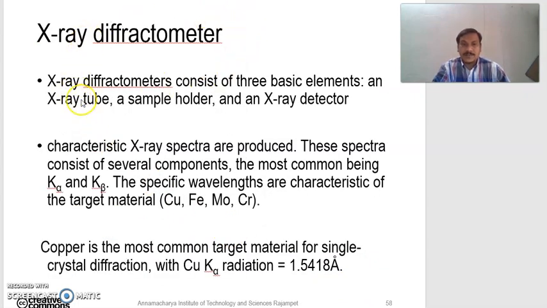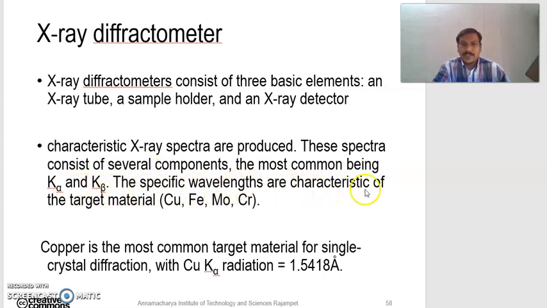X-ray diffractometer. X-ray diffractometers consist of three basic elements: an X-ray tube, a sample holder, and an X-ray detector. Characteristic X-ray spectra are produced. These X-ray spectra consist of several components, the most common being K alpha and K beta.